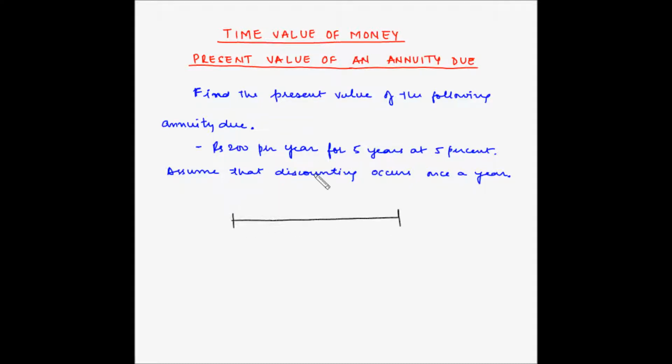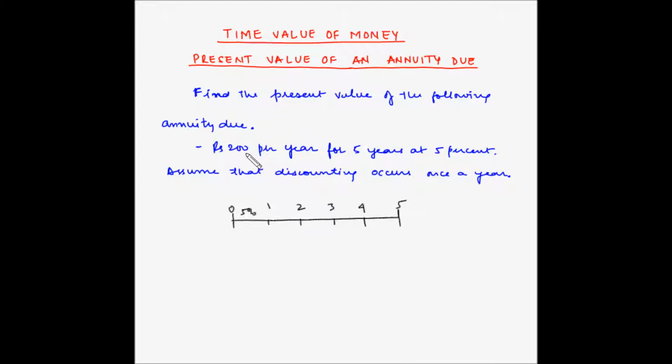So this is a 5-year annuity. So 0, 1, 2, 3, 4 and 5. Now the rate of interest is 5% per annum and the annuity amount is 200.